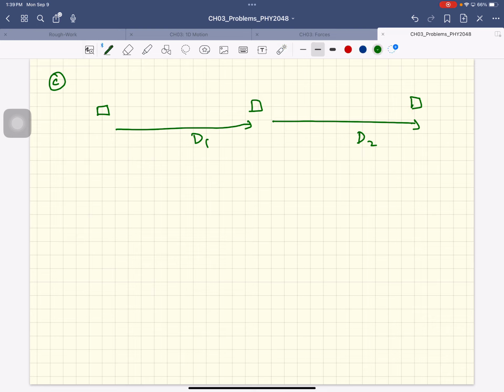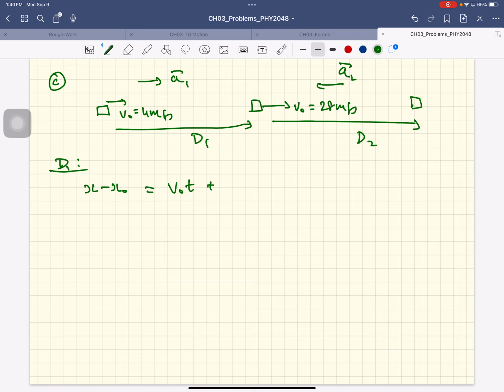Okay, so x minus x naught for part 1, okay, D1, we'll call it. This is D1 equal to 4 meters per second.